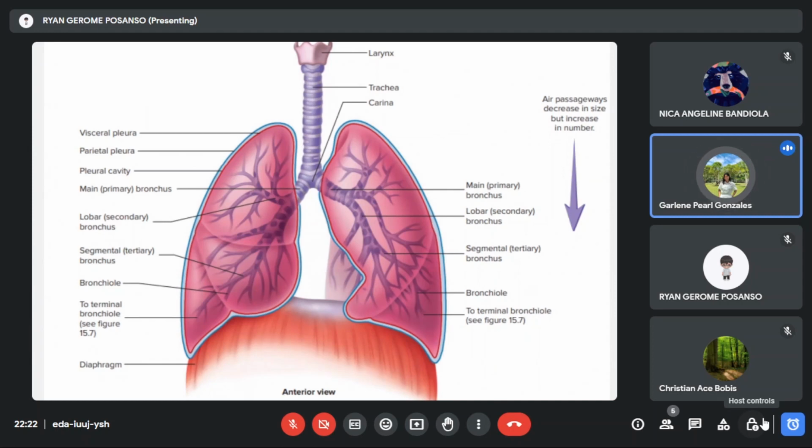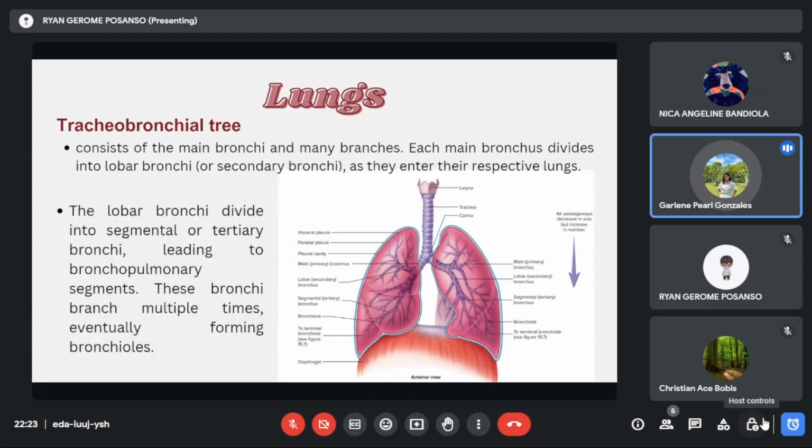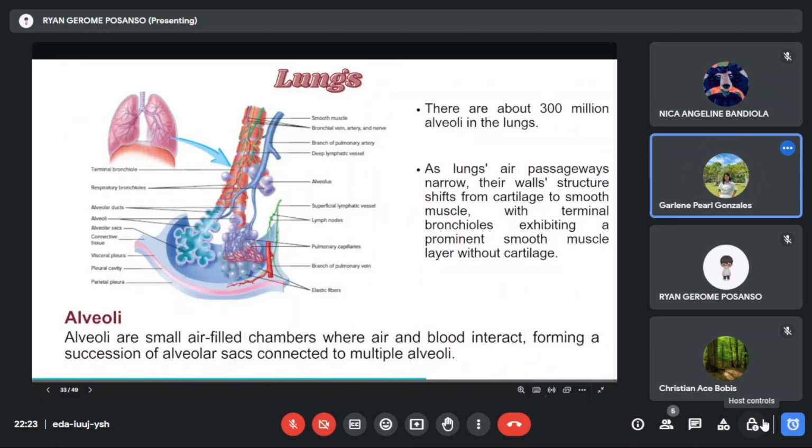So proceed. The lobar bronchi divide into segmental or tertiary bronchi, leading to bronchopulmonary segments. So these bronchi branch multiple times, eventually forming bronchioles.